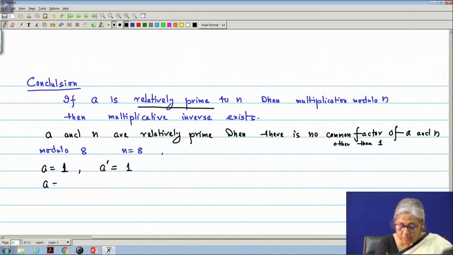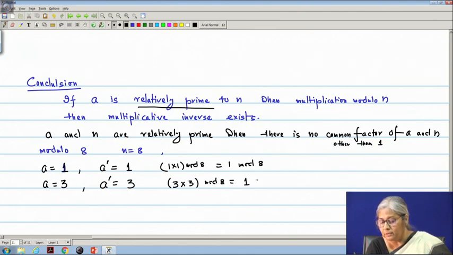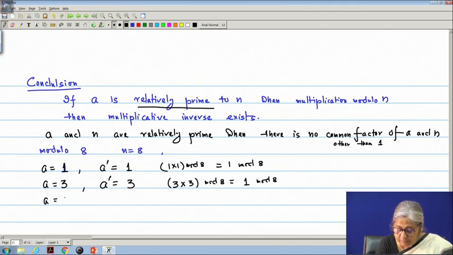When A equal to 3, we are getting A dash equal to 3, since 1 into 1 modulo 8 equal to 1 modulo 8, and 1 is my identity. 3 into 3 modulo 8 is 9 modulo 8, which is 1 modulo 8. What about A equal to 5?